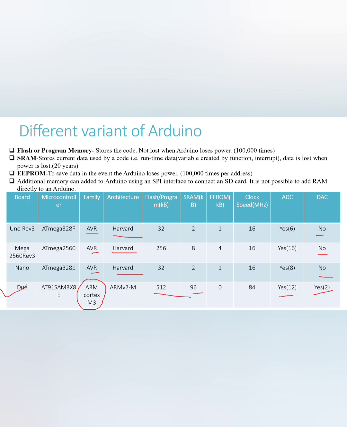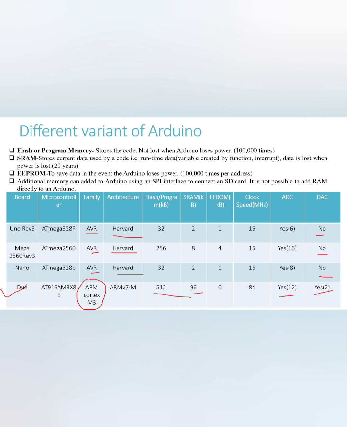To purchase or select any module, we understand the specification first. Arduino Uno, Mega, and Nano have AVR family hardware architecture with no DAC. The flash, EEPROM, SRAM, and number of input pins can be seen in this slide.